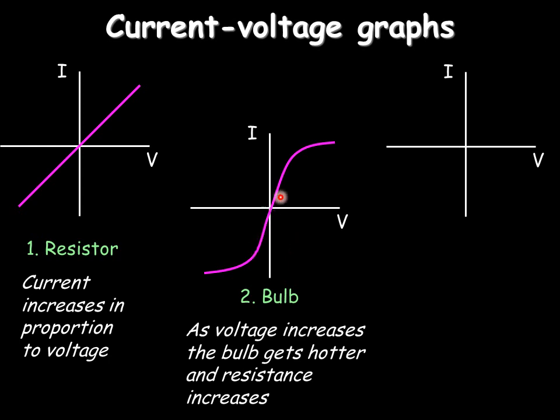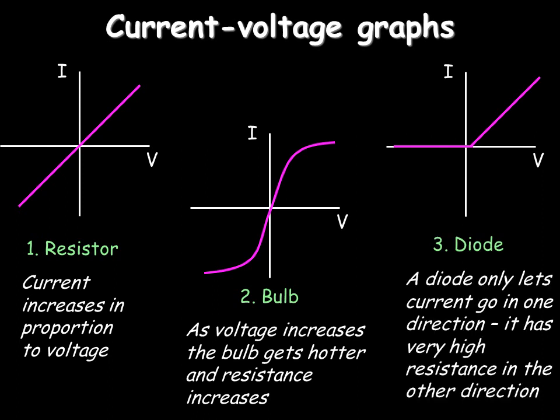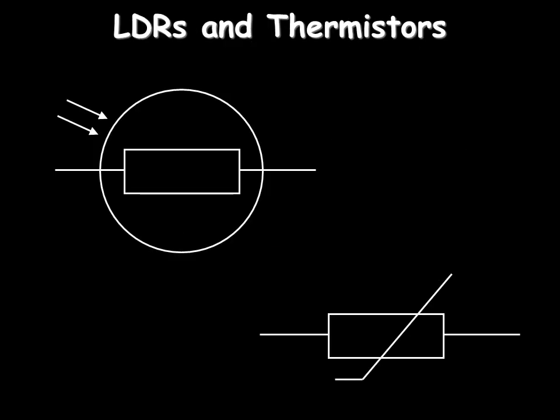So you don't get the straight line, you get a curve. Doesn't matter which way around the current is, and you get less current than you might expect because of the temperature effect. And a diode, you'll see the line here, when it's in the wrong direction, you get 0 current, and when it's in the right direction, you will get a current going through it. So a diode allows current going one direction and prevents it going in the opposite direction.